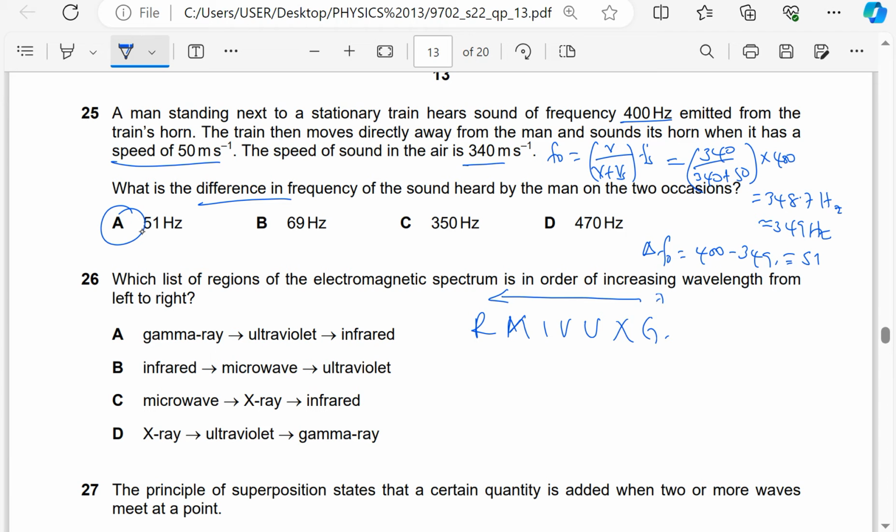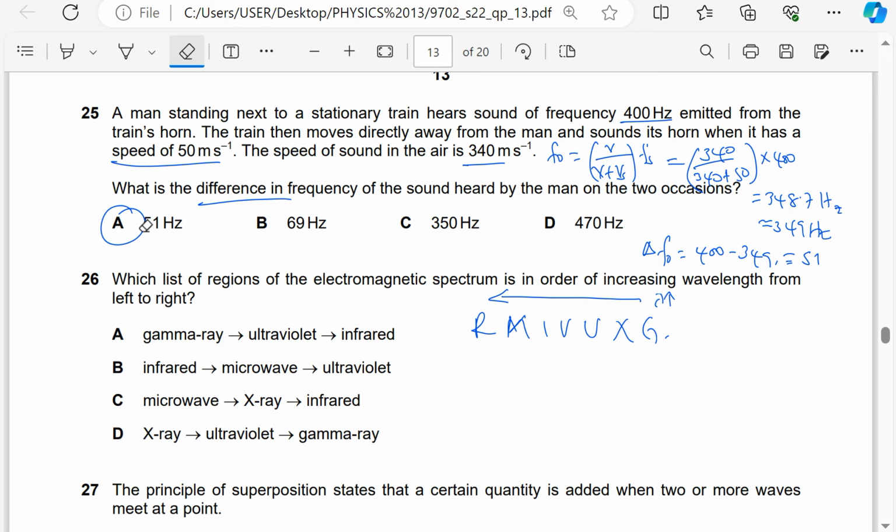So it means if gamma rays come first, that will be wrong, because we want increasing wavelength from left to right. Infrared has a shorter wavelength than microwaves. Oh, sorry. Increasing wavelength from left. Okay, gamma rays have the shortest wavelength.